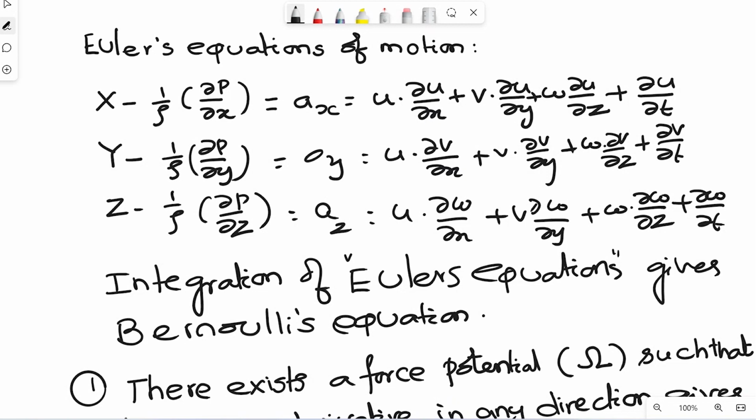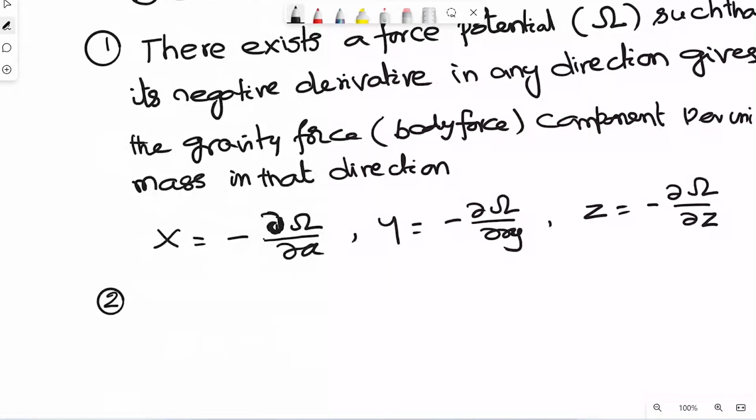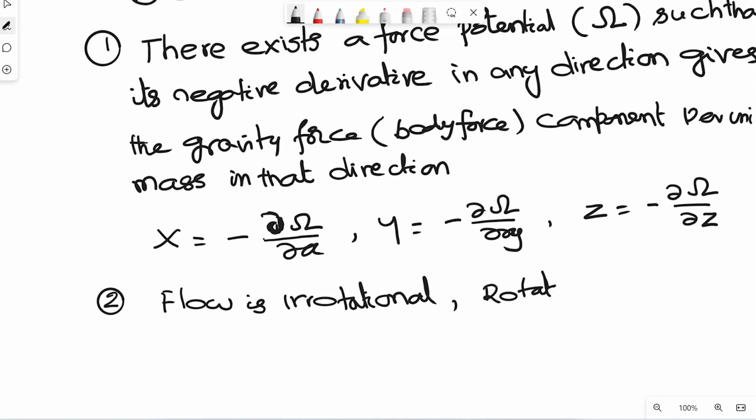That is what I want to get. How to get that, I will explain. To get that, we assume that the flow is irrotational. Flow is irrotational means the rotation is zero.